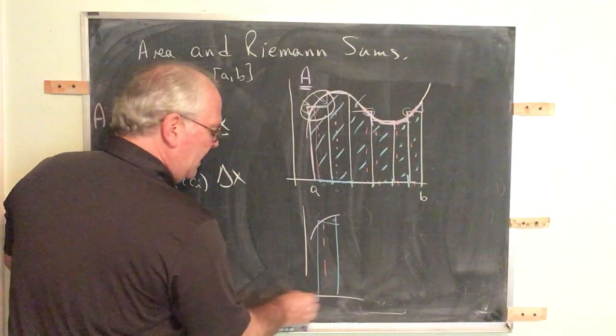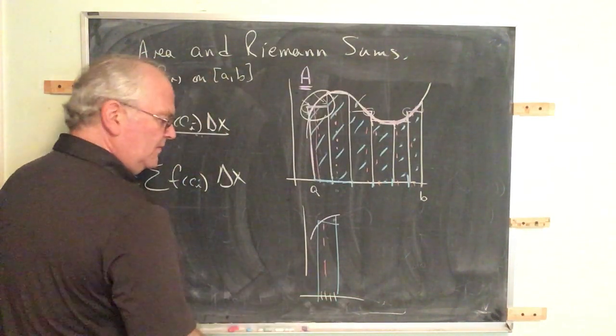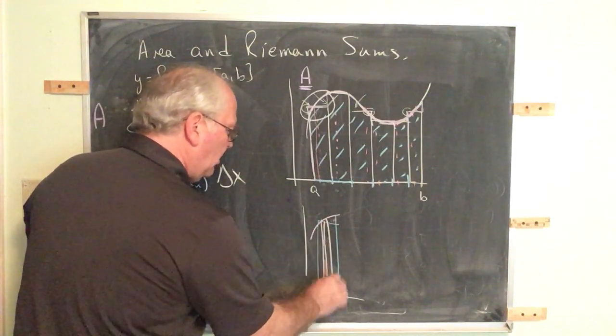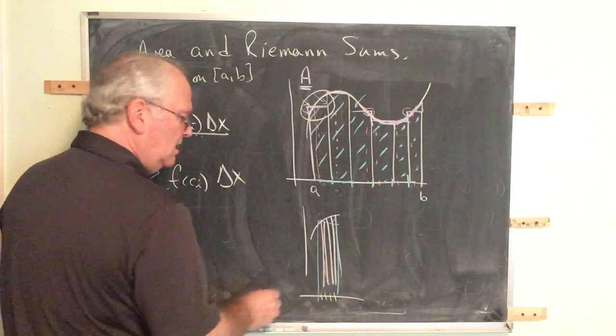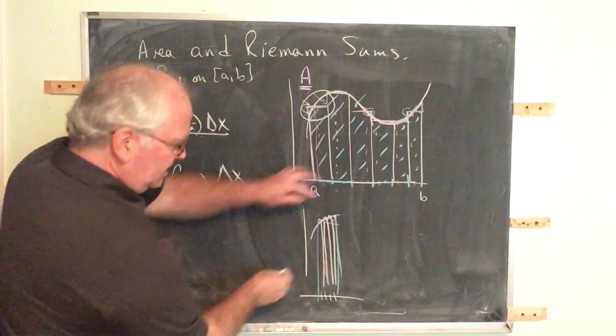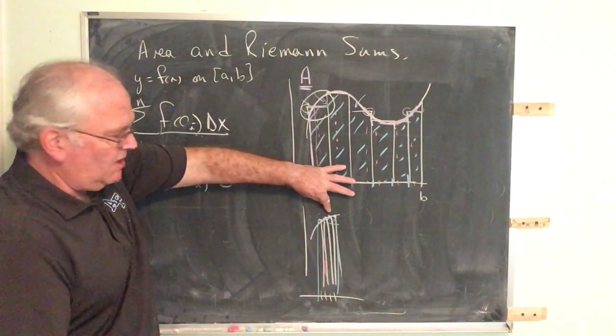But if we refine the partition, now we have more and more of these rectangles, and these little leftover bits become smaller and smaller and smaller.